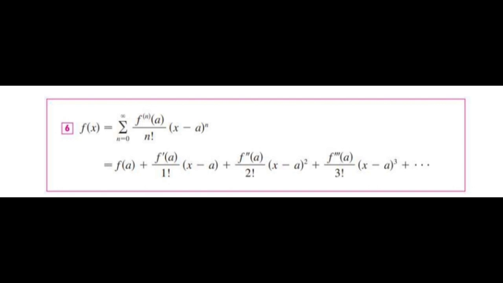Same with the others. The series in equation 6 is called the Taylor series of the function f at a, or about a, or centered at a.